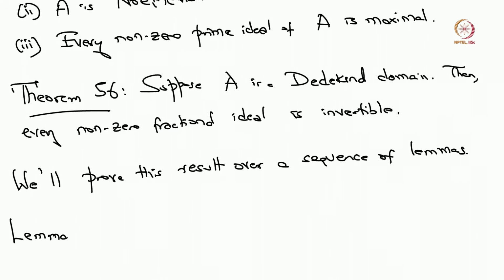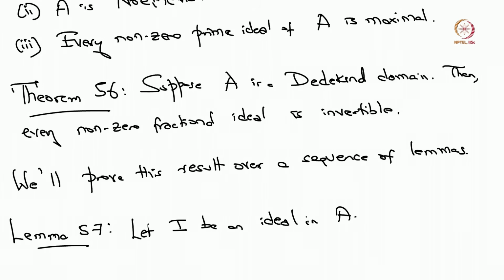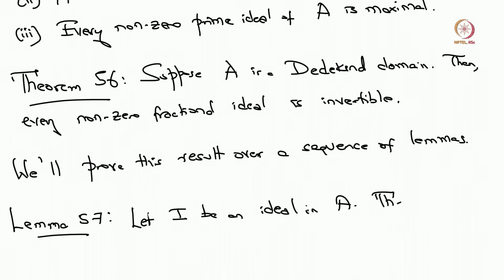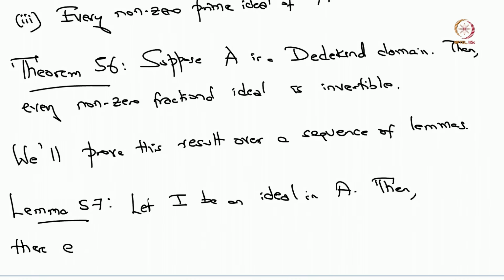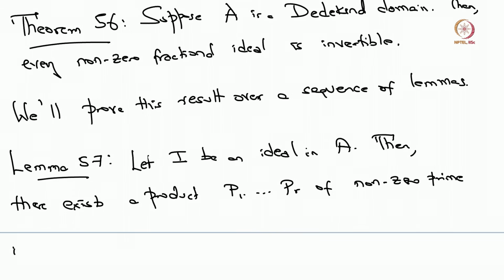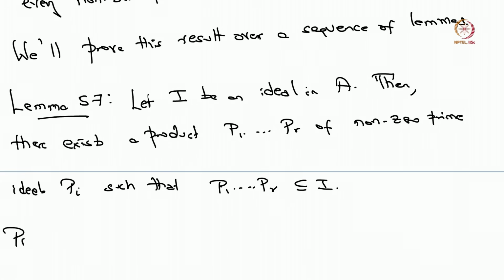So the first lemma is the following. You take an ideal, a normal ideal or a proper ideal or an ideal in the usual sense, then there exists a product, say P1 up to Pr, of non-zero prime ideals Pi such that this product sits inside I. So if you give me any ideal, the first lemma that we want to show is that it contains a product of non-zero prime ideals.